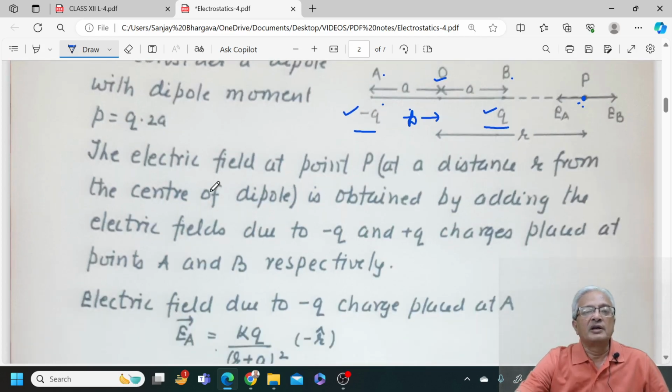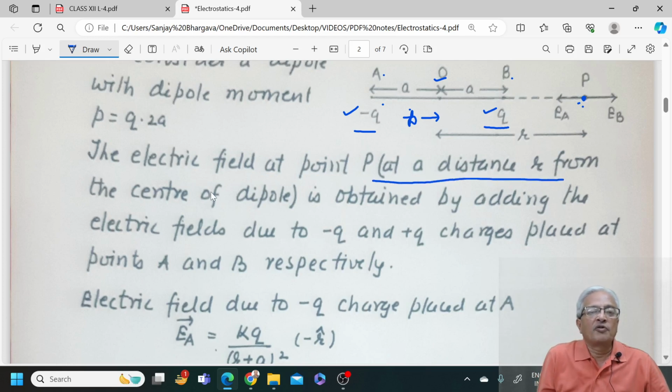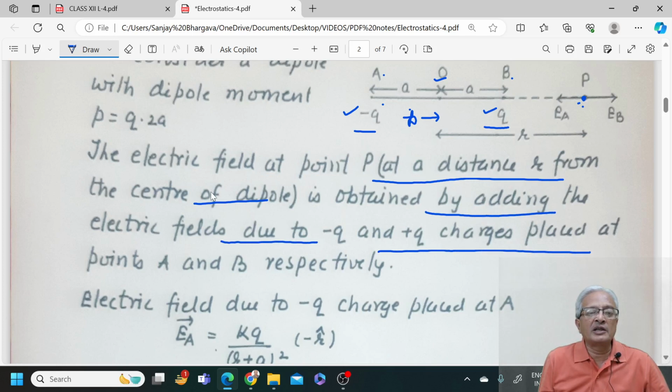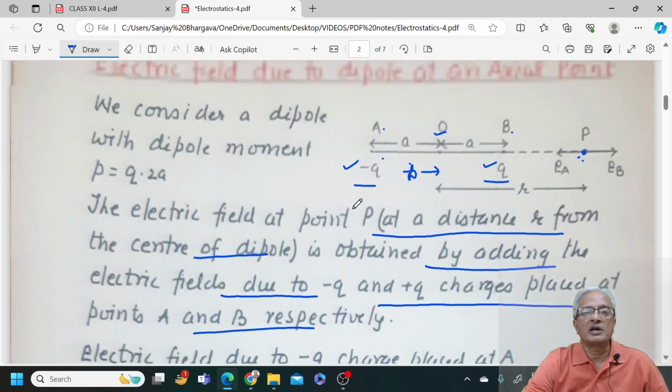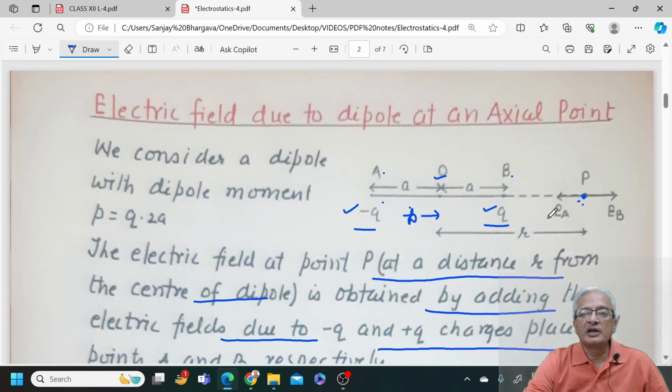The electric field at the point P, at a distance r from the center of the dipole, will be obtained by adding the electric fields due to the negative charge and the positive charge placed at the points A and B respectively. Now let us calculate the electric field due to the negative charge. For the negative charge, the distance to the point P would be equal to r plus a. Similarly, for B it would be r minus a.